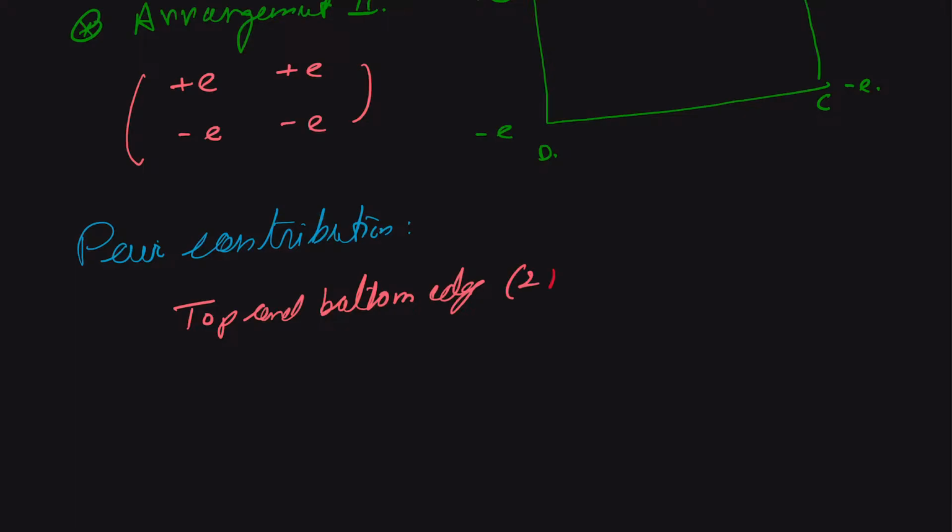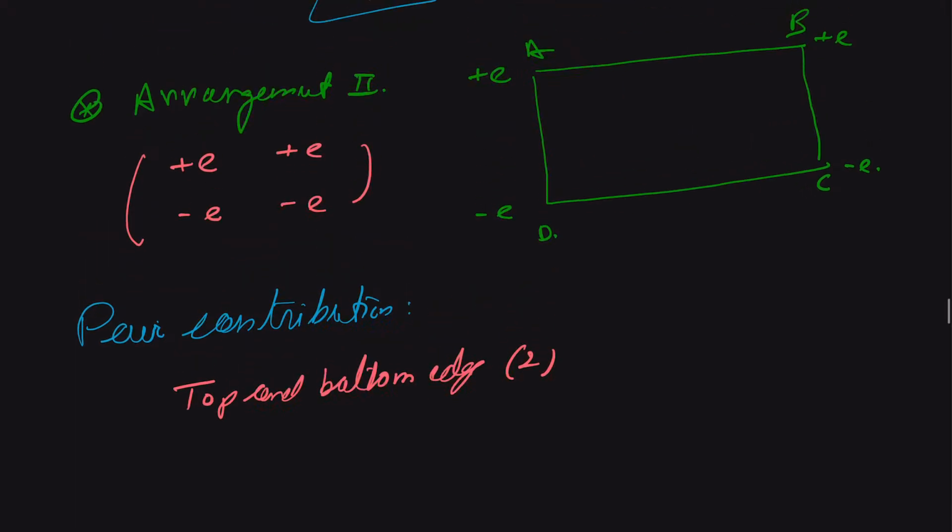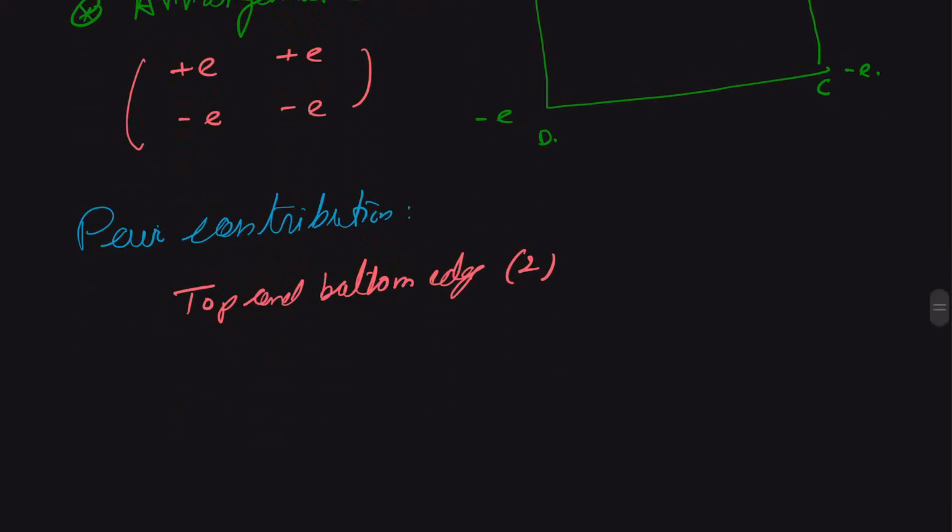And obviously there are two, and the distance between them is A. So what we get from here will be equal to 2 plus k e square upon A.